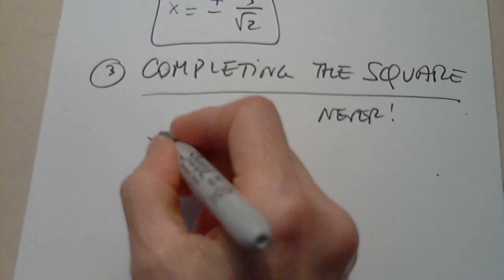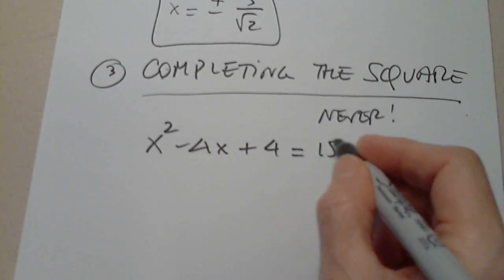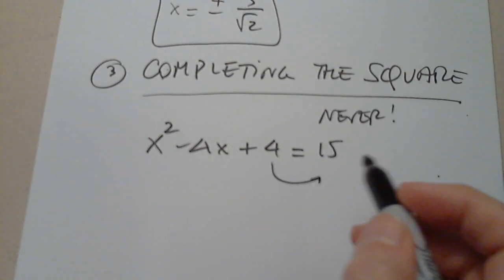Let's suppose I have x² minus 4x plus 4 equals 15. And let's suppose I am told you must solve this equation by completing the square. I say, oh, okay. First of all, I will move 4 to the other side.